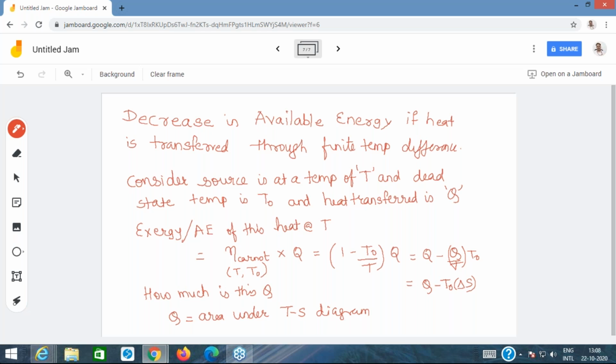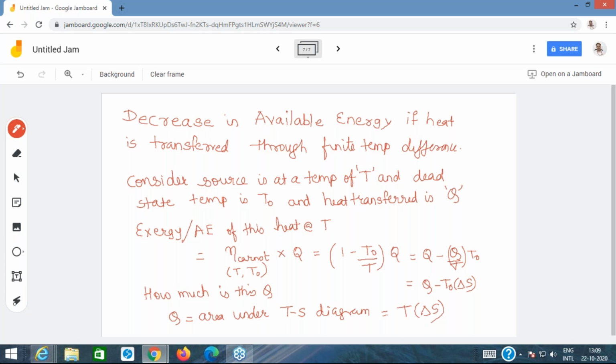So this will be equal to T into delta S. So now we have two expressions: Q is T into delta S, and the exergy of this Q, which is available at T, is Q minus T naught delta S.